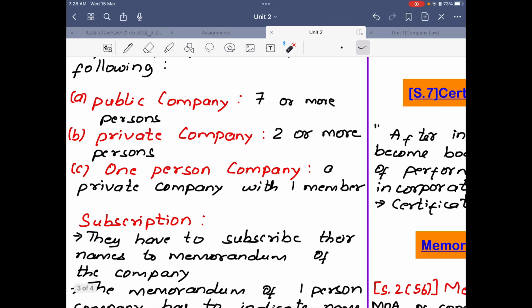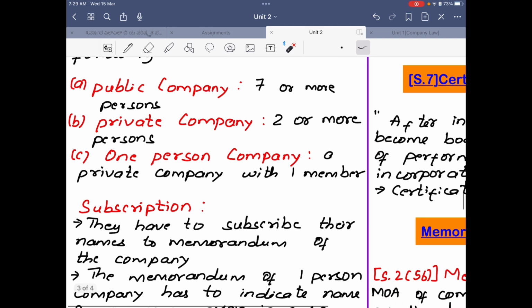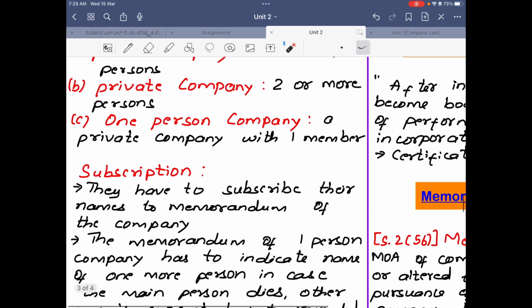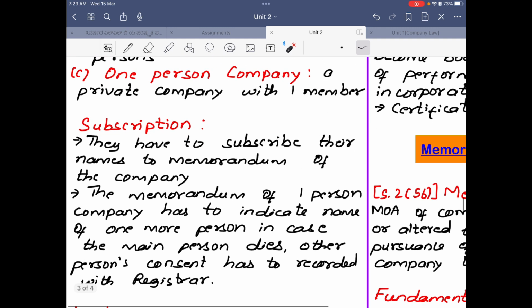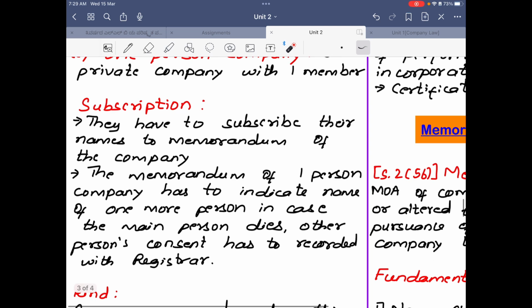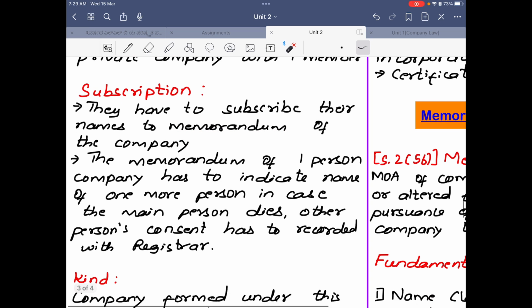Next, say 7 or more people have come together and they want to create a public company. The next is subscription. They have to subscribe their names to the memorandum of the company. The memorandum of a one-person company has to indicate the name of one more person, a nominee.